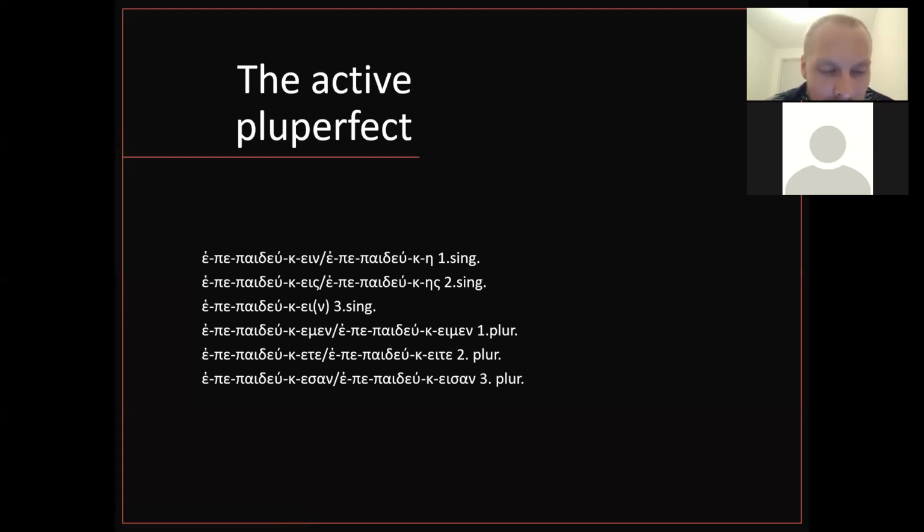So here we have epepaideuke in the first person singular, and epepaideukes in the second person singular. Then epepaideukein in the third person singular, epepaideukemen or epepaideukeimen in the first person plural, epepaideukete or epepaideukeite in the second person plural, and epepaideukesan in the third person plural.